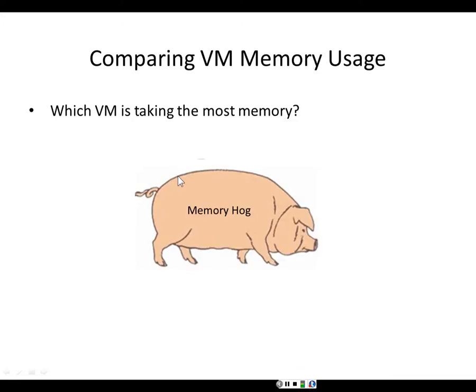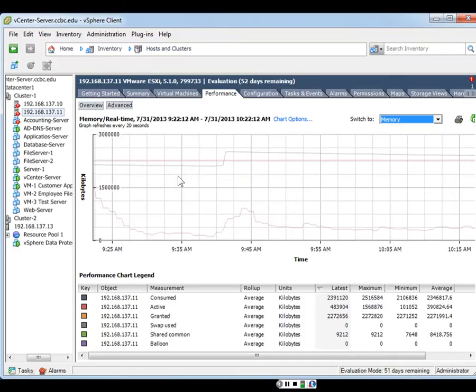In other words, we're trying to make the decision, do we have one virtual machine, which is a memory hog, which is taking up most of the memory? So to do that, what we do is under the memory chart, we click on Chart Options.